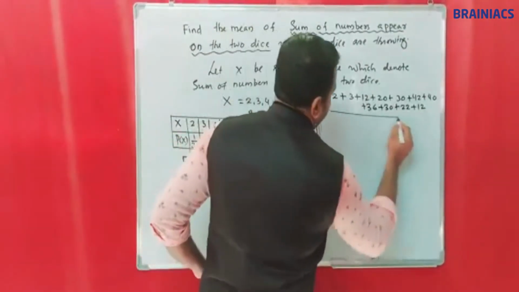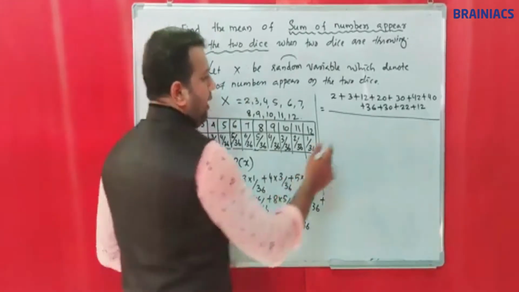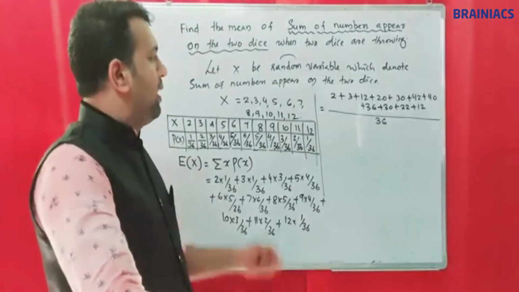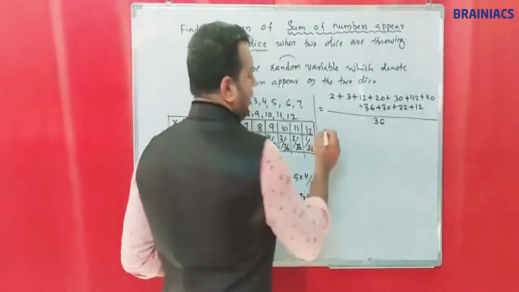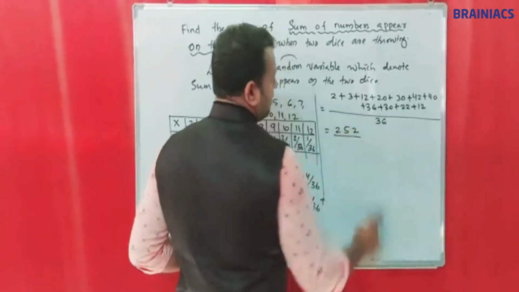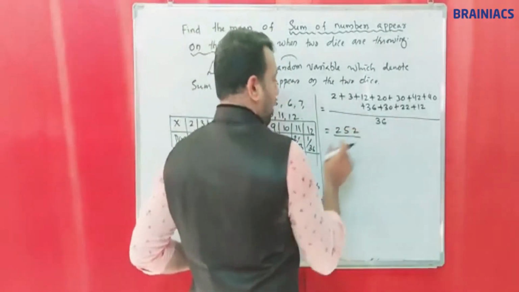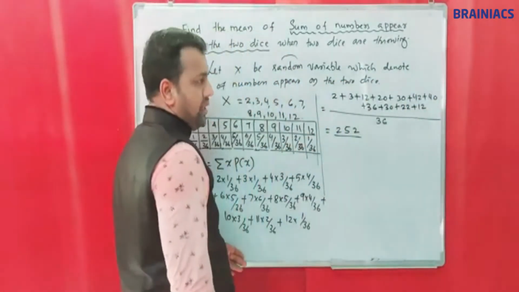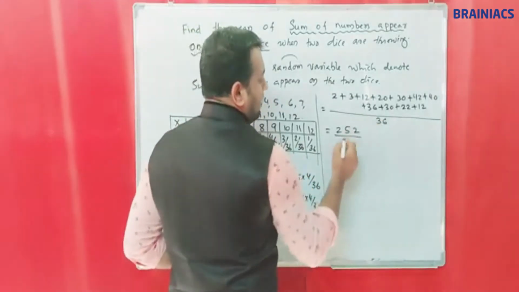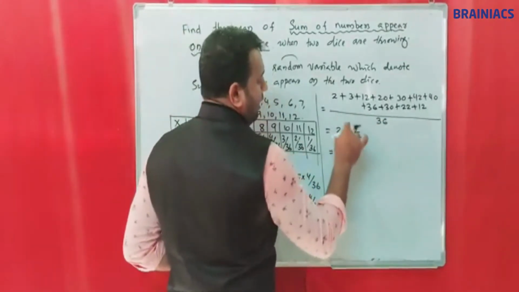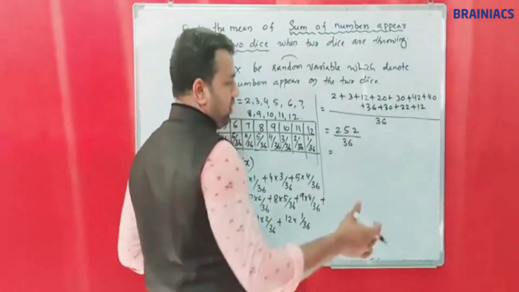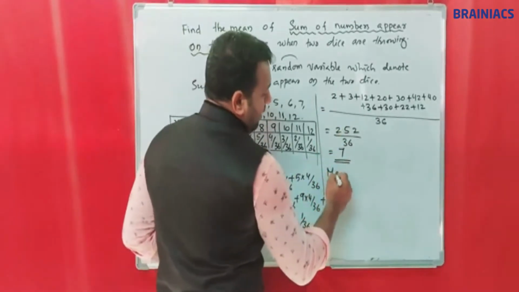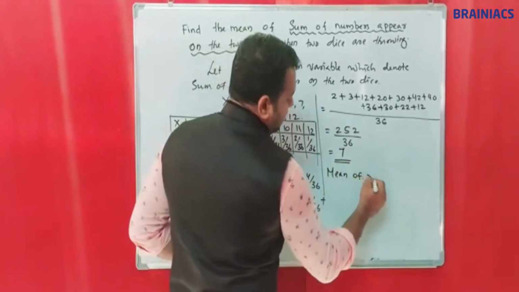The denominator will be the same in each case, so we write 36 as the common denominator. By adding the numerators we get the value 252. So 252 is the sum of the numerators and 36 is the denominator. Dividing 252 by 36, we get the exact value 7. So 7 is the mean of the random variable, mean of x.